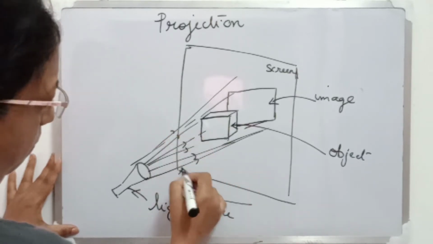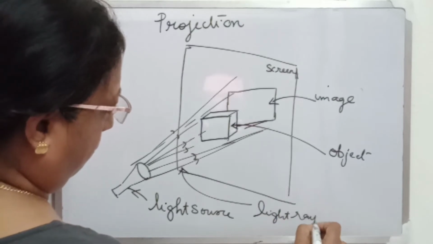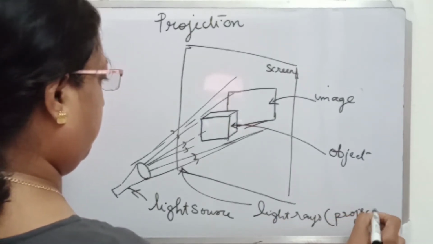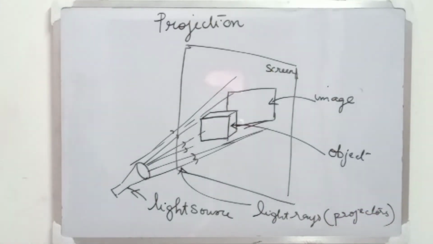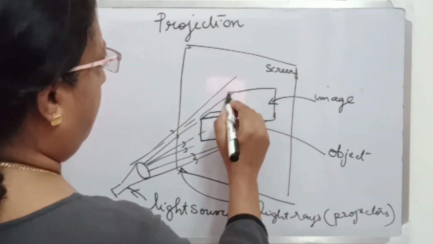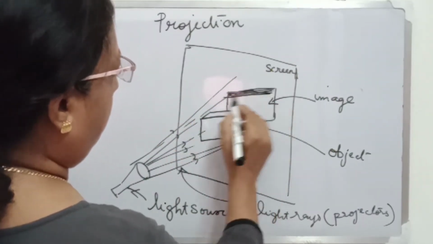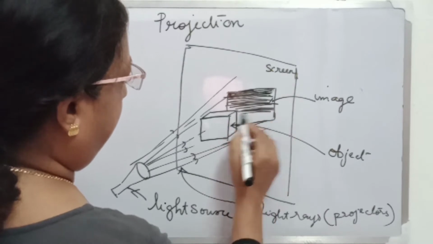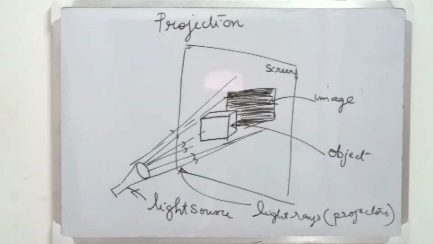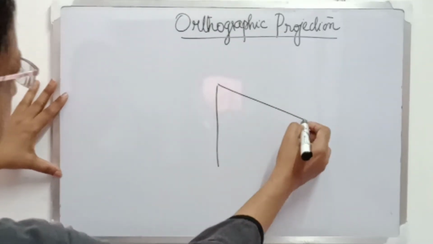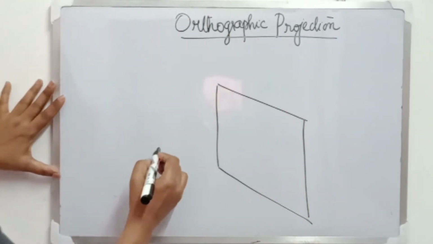So this is basically what is called projection. Here the light rays or projectors go past the object and create an image or a shadow of this object on the screen. But this kind of projection will not give the true shape of the object in the projection.